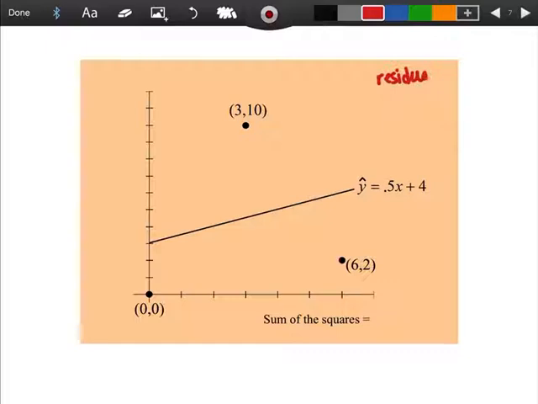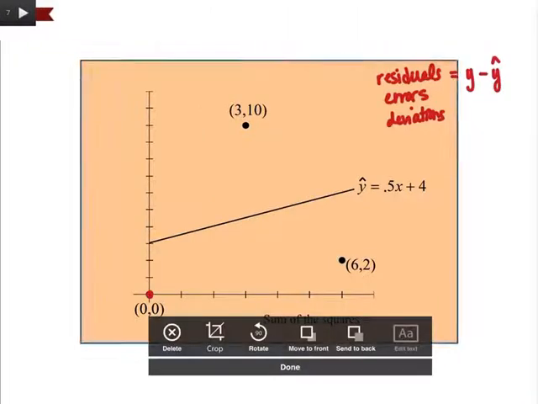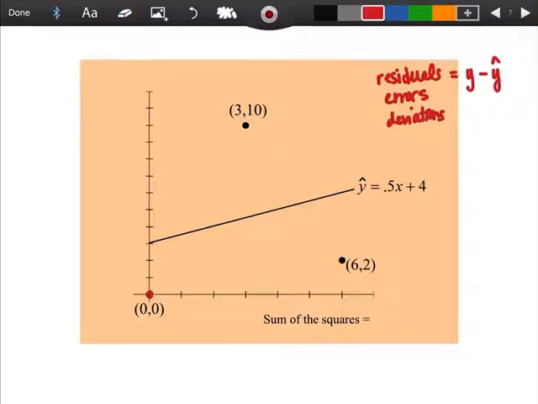So we're actually going to go through and we're going to calculate what we call the residuals, or the errors, or the deviations. In other words, I want to know how far off my actual point and my predicted y value are. So when we calculate residuals or errors, it is our actual value minus our predicted value.